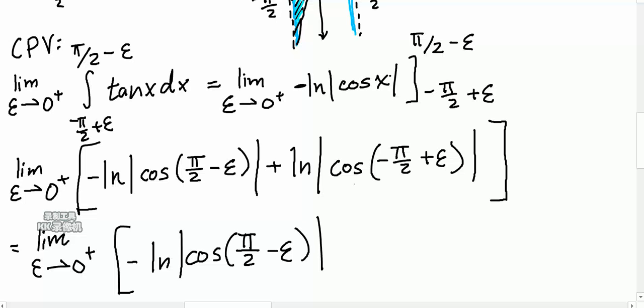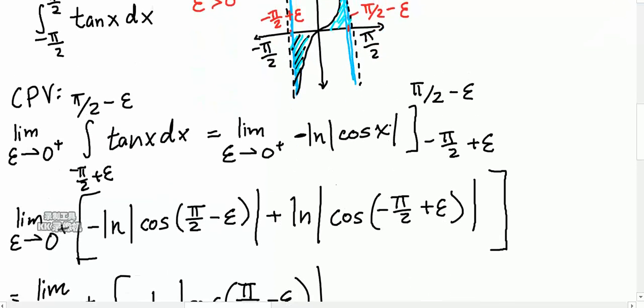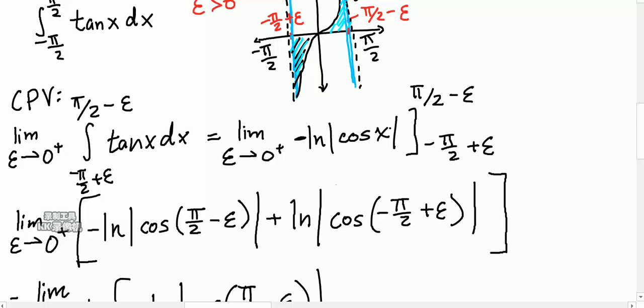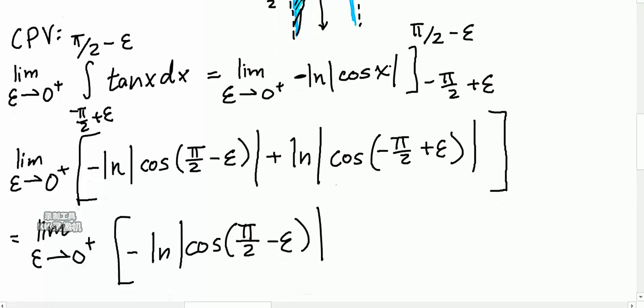And then over here, you're going to have a negative infinity situation. So then you'll be like, okay, we're back to this negative infinity plus infinity situation.